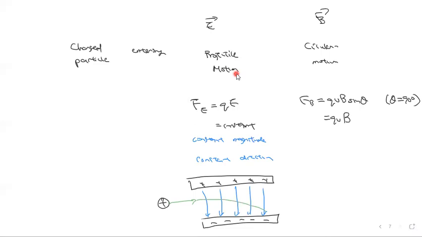However, in the case of the magnetic field, although it's constant magnitude, the direction is continually changing. More specifically, it is perpendicular to your velocity. So if you've got a magnetic field that is going into the page, for example, and you've got a charged particle entering like so, then using your right hand, I'll just change where it enters actually.